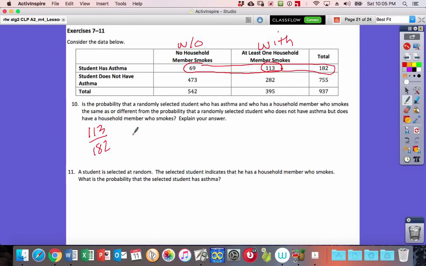And I'm pretty sure that they're not going to be the same as the next one, which is probability that a randomly selected student who does not have asthma, these are ones that do not have asthma, but does have a household member who smokes. There we go. 282 out of 755. Pretty sure they're not going to be the same.